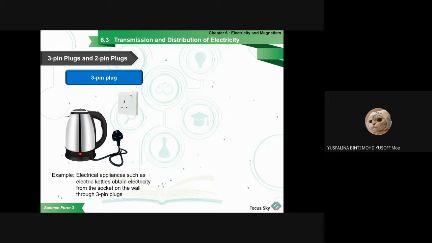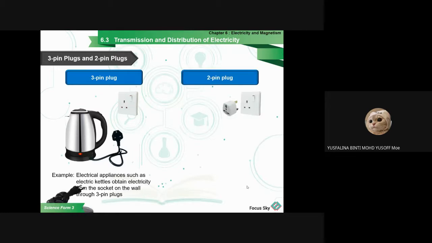We use a 3-pin plug because it has the earth wire. That is for safety, because if anything happens, the current will flow back down to the earth. So there will be no short circuit.